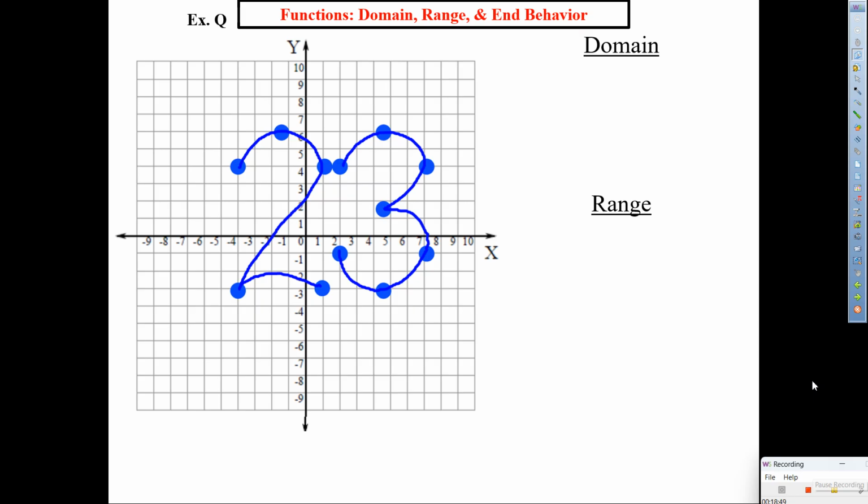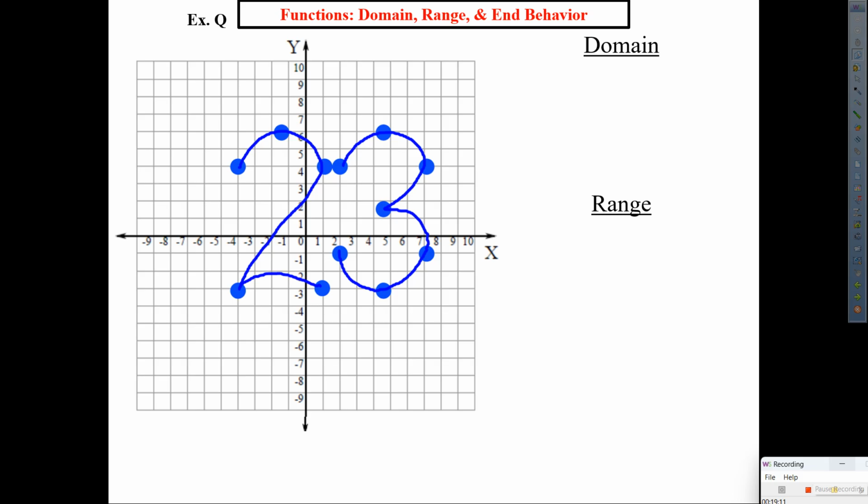Interval notation only. Write me domain and range for interval notation only. Remember, you're looking at first x values, but notice the points, I made them a little bit robust, so that they go a little bit more than where they're at.